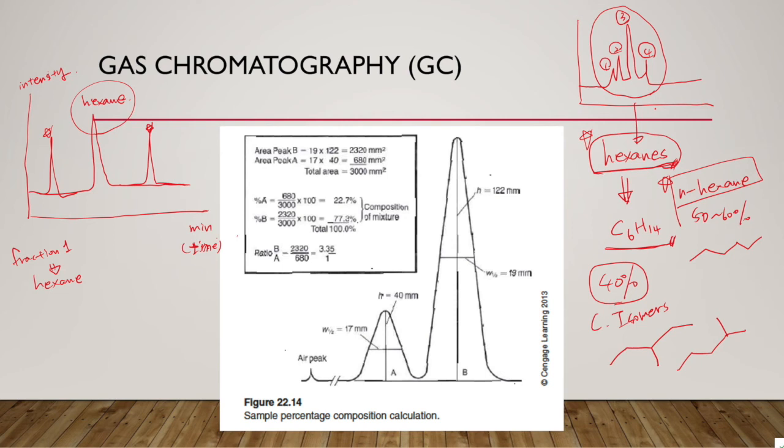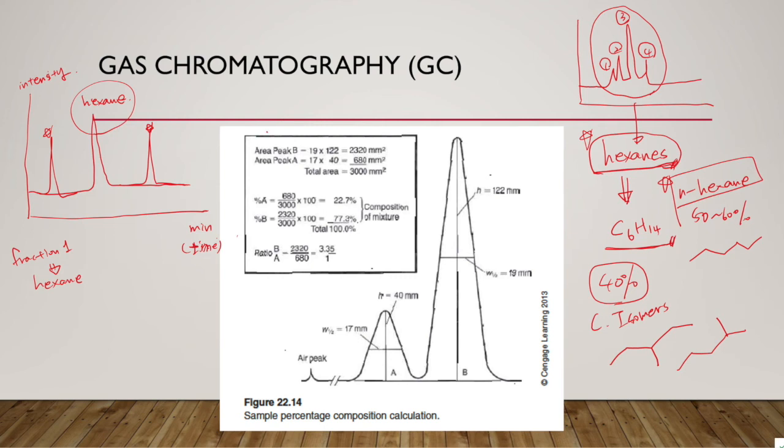Let's say we obtained a chromatogram for the fraction 1, and now we need to analyze it. Well, how are we going to analyze it? The textbook and also the old method is using the triangulation.